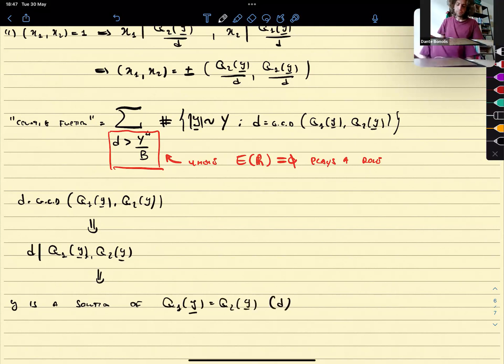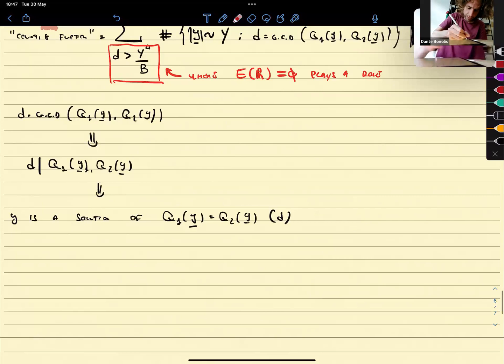So the idea is to rewrite this condition using this congruence condition, and let's see how we can proceed. Now I'm going to call this equation in this way. So the idea is to rewrite this sum in the following way.